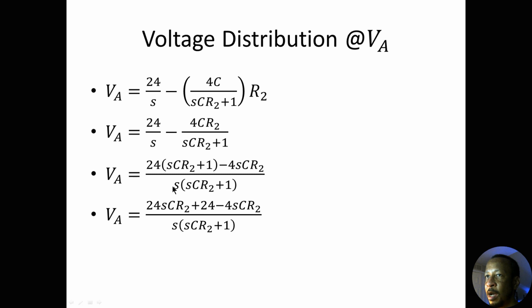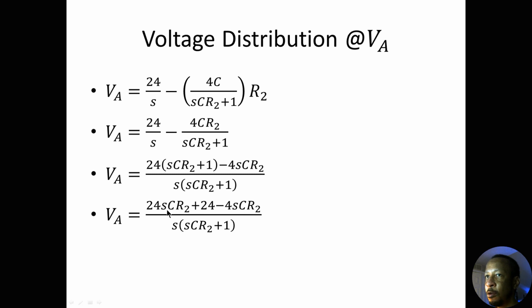All that's being divided by S times the parentheses of SCR2 plus 1. Then when I distribute this inward here, I get this expression, and that is just 24 SCR2 plus 24 minus 4 SCR2.